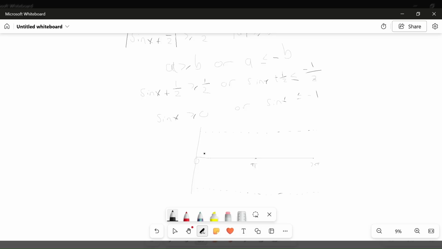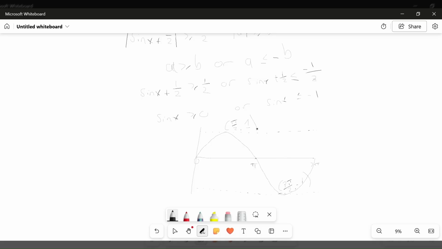If I sketch the sine graph here, it's going to look like that. It's going to touch the dotted line at these points, which is pi over 2 and 1, and this point will be 3 pi over 2, minus 1.